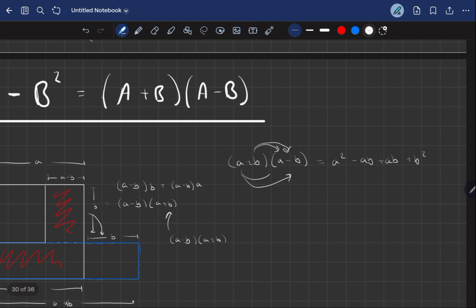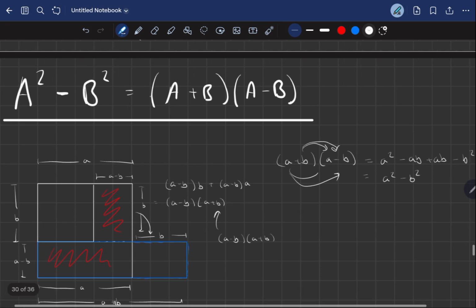And we can see that the minus ab and the plus ab cancel each other out. The a squared stays, and the b squared is minus b squared. So that just gets us a squared minus b squared.